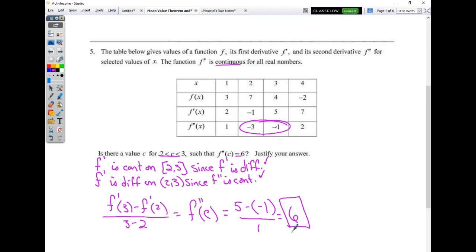This gets even cooler, because if I were to ask you, since f double prime has to equal 6, could f double prime equal 4? I can now use the intermediate value theorem and the mean value theorem at the same time and say, well, yes, it definitely does. In fact, I could ask, how many times does f double prime equal 4 on 2 to 3?